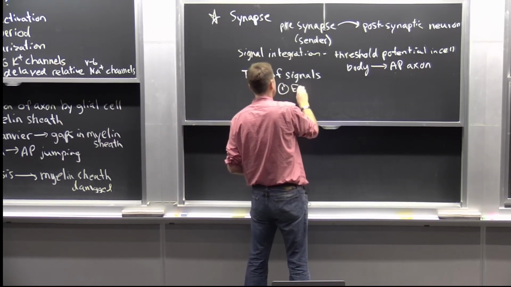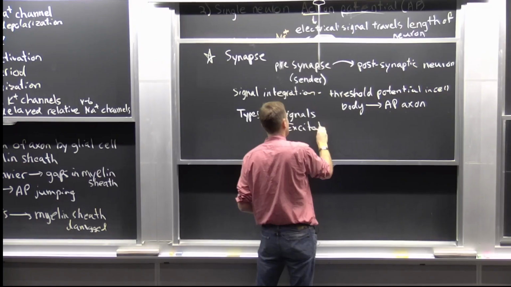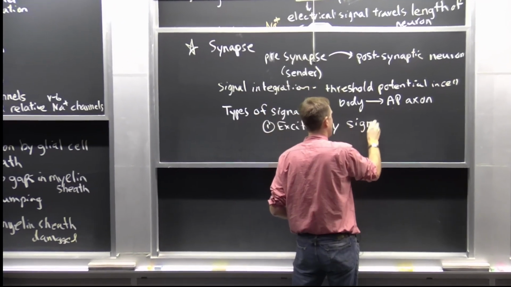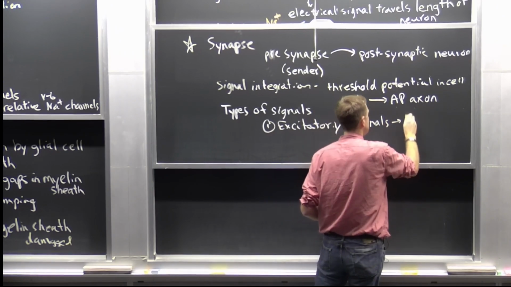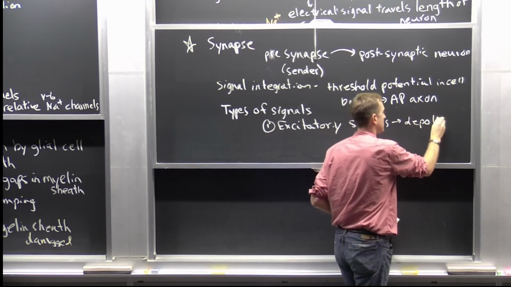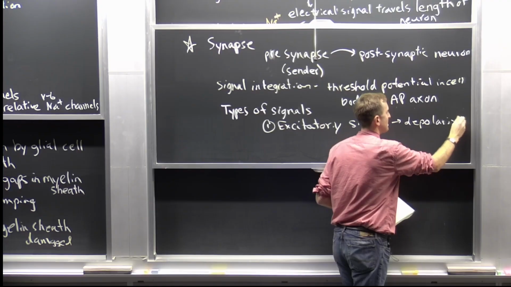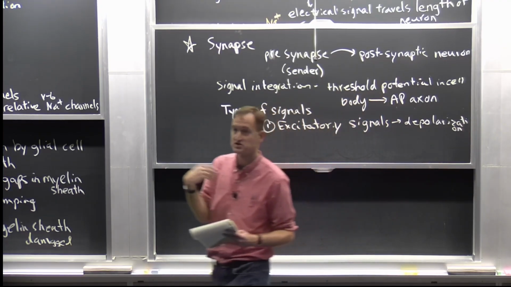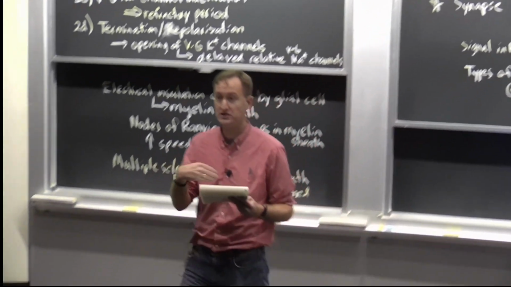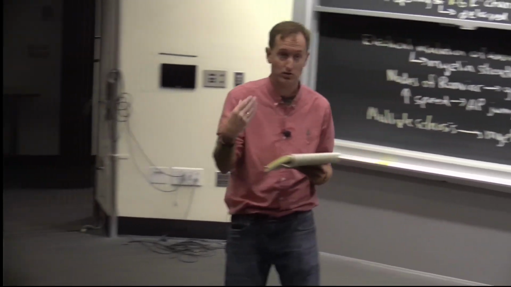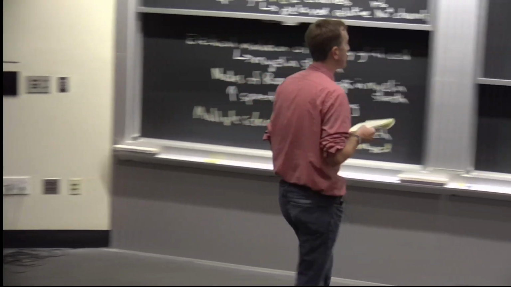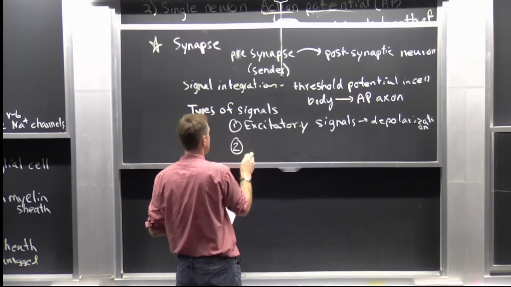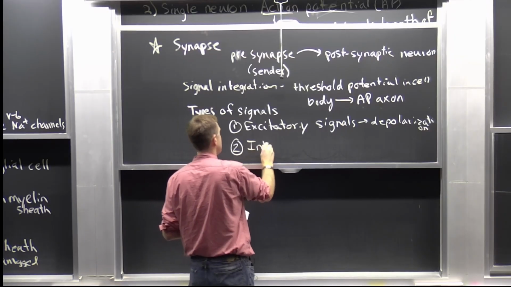So there are excitatory signals, which result in depolarization. For example, with serotonin, that opens a sodium channel, and that results in depolarization, so that's an excitatory signal. But there are other types of signals that bind to different types of receptors that are inhibitory.